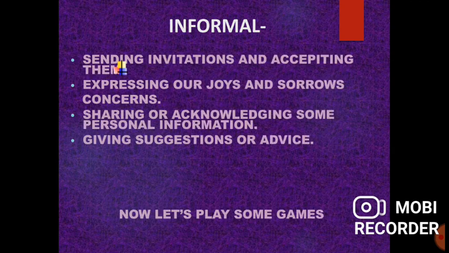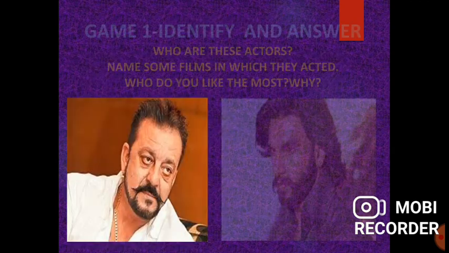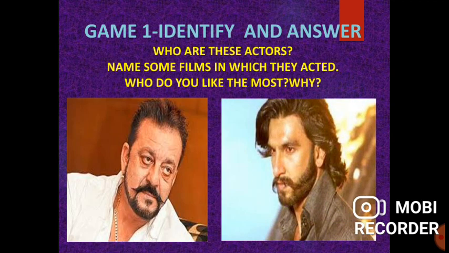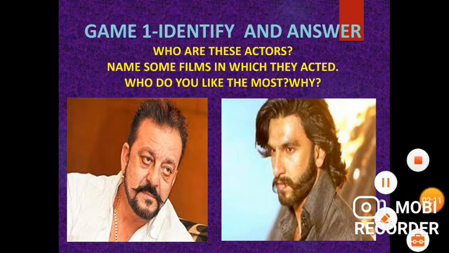The first type is the letter of inquiry, the second is the letter of complaint, the third is the letter of placing order, and the fourth is the letter to editor. These are the four letters that we have to study in our class 10th.